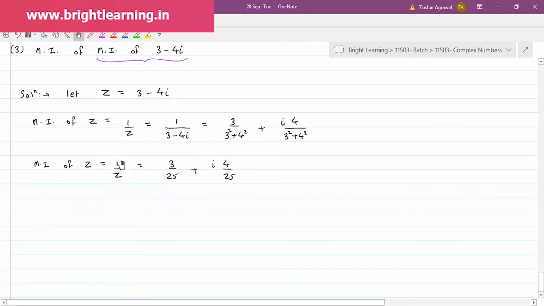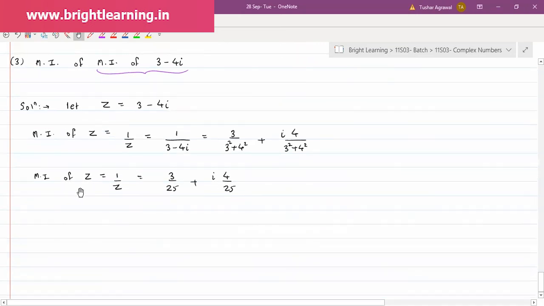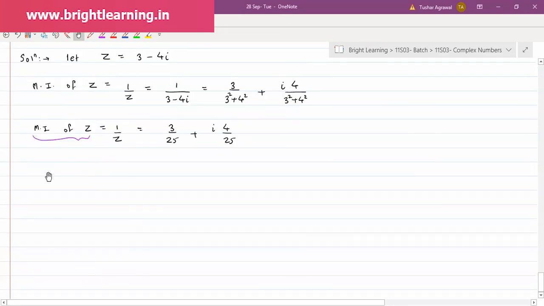25. Sir. Okay, see this, 1 by z equal to this much. The multiplicative inverse of z is the purple thing here. Now you have to find again the multiplicative inverse of this purple thing, which is 1 by z.